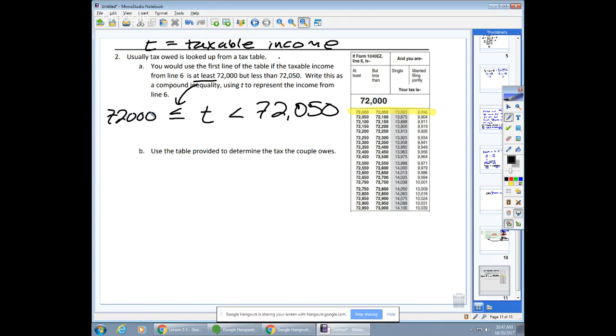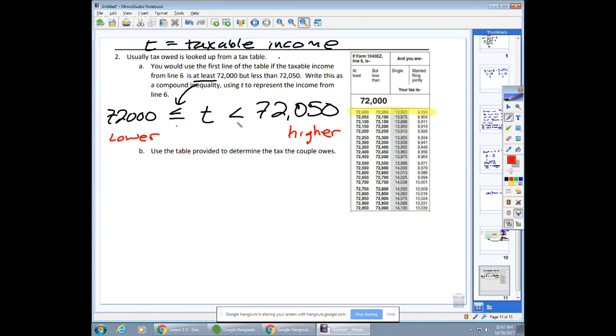A compound inequality is where you have the variable in the middle and numbers on each side. The smaller number goes on one side, and the higher number goes on the other side. The inequalities have to be less than or equal to on each side.